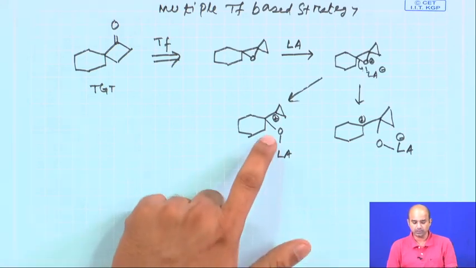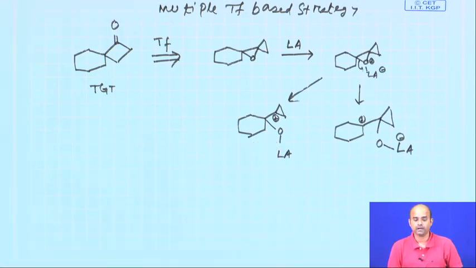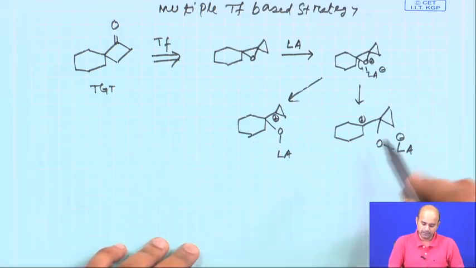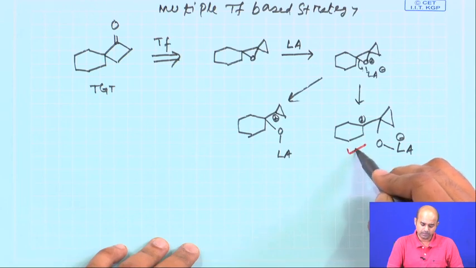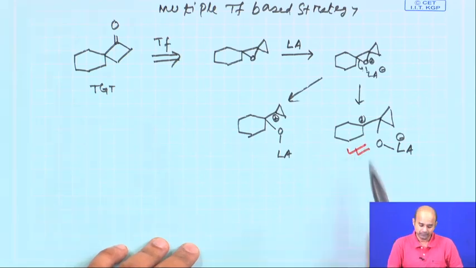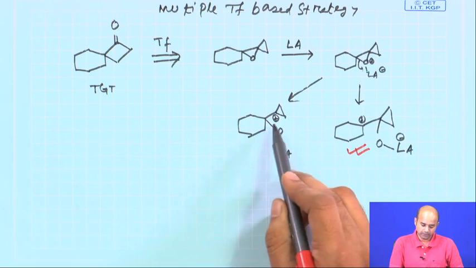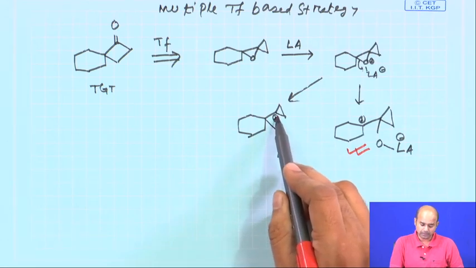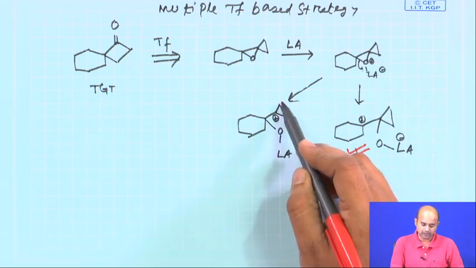So, both carbonium ions in principle can generate, but in reality this will be the most stable carbonium ion. Why? This secondary carbonium ion, this is also secondary, but this carbonium ion is basically having a cyclopropyl thing attached to it.